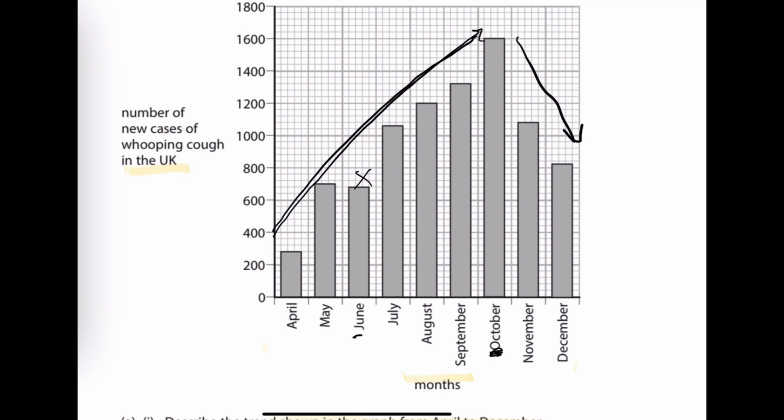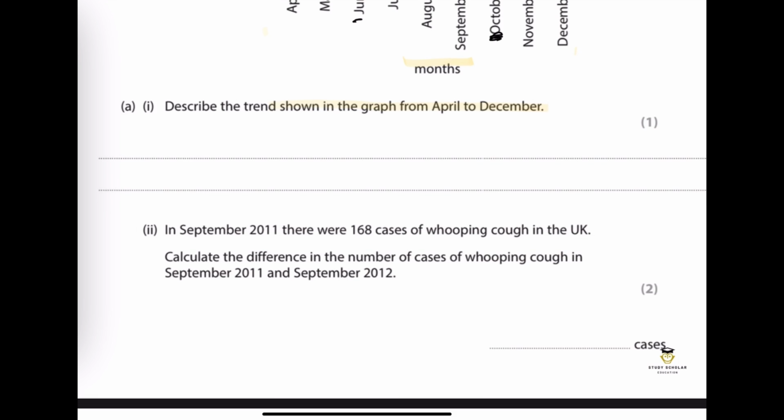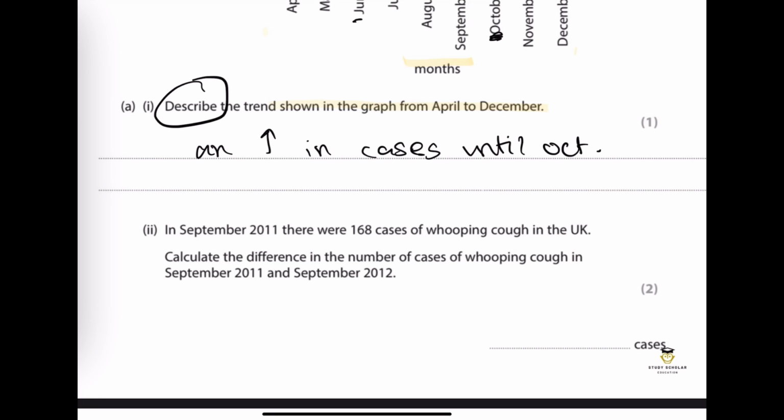So all of this, it increases, then decreases, and that's just the answer. It's just a describe. If it does not say explain, we don't need to explain exactly why this is happening. We just need to say what we can see. So, an increase in cases until October, then a decrease in cases till December.